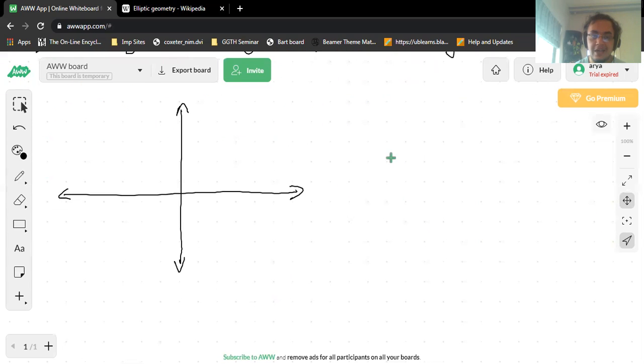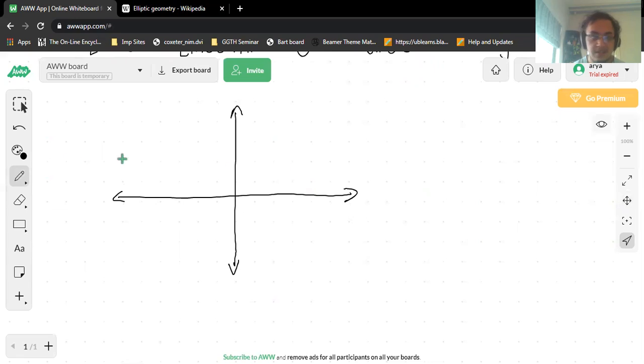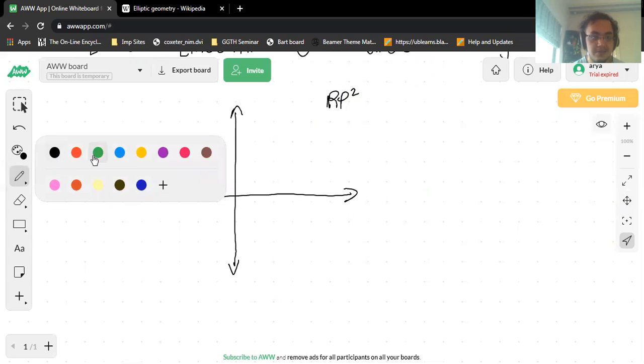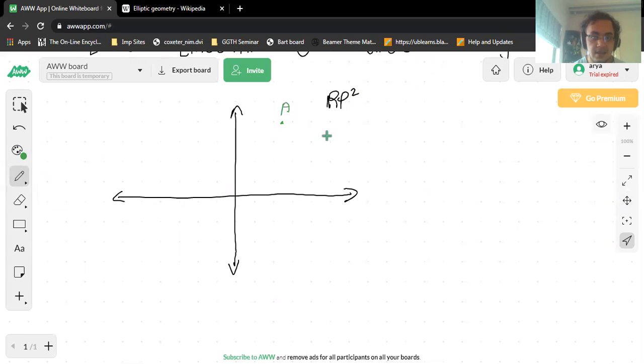Now, how do you define distances between two points? Suppose this is a drawing of the RP2. Suppose you have points A and B somewhere. You define the distance between points A and B to be the Euclidean measure of the angle between A, B, and the origin. Now this notion of distance does seem quite tricky.